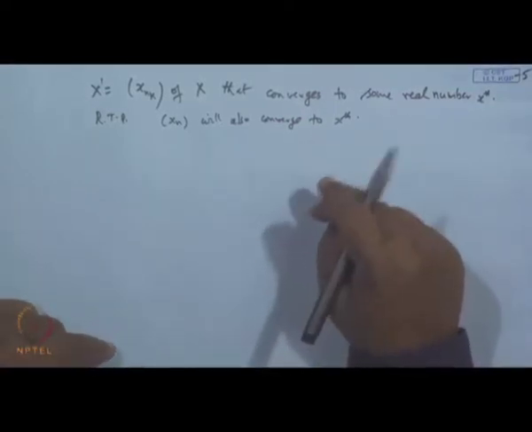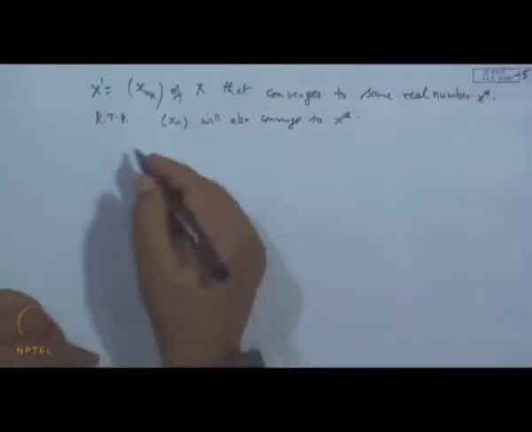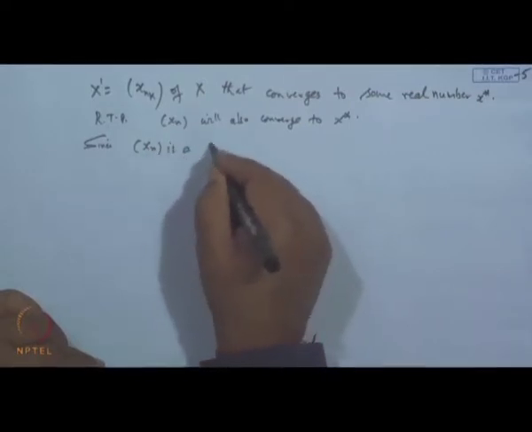Now, what is given? The sequence x_n is a Cauchy sequence.